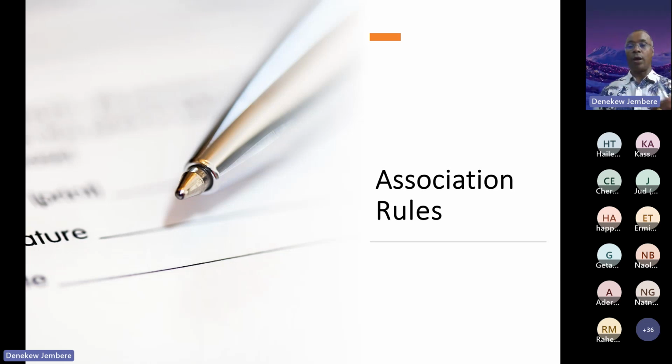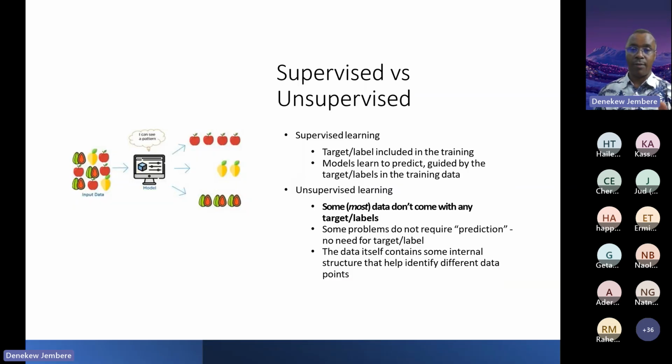just to help you recall what supervised and unsupervised learning means, here is a single slide.